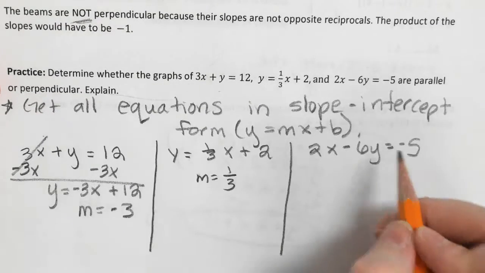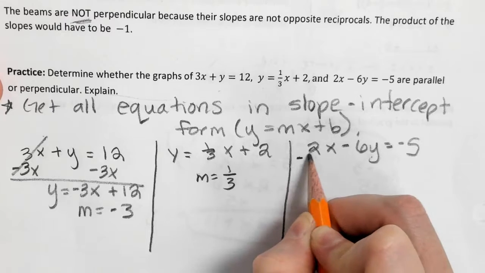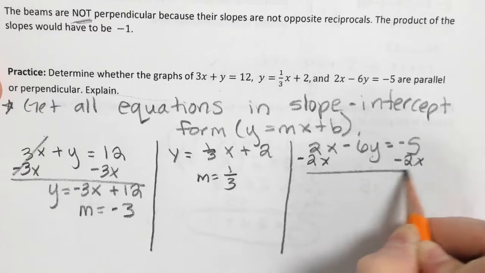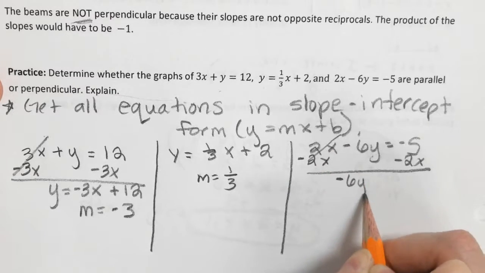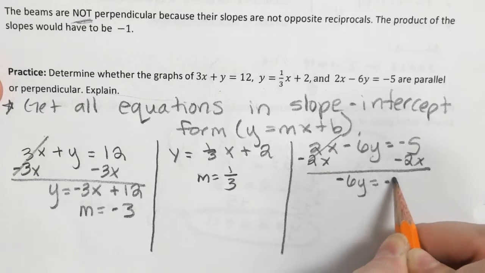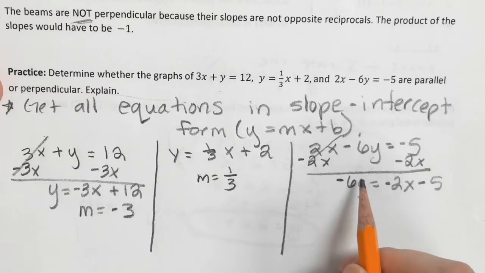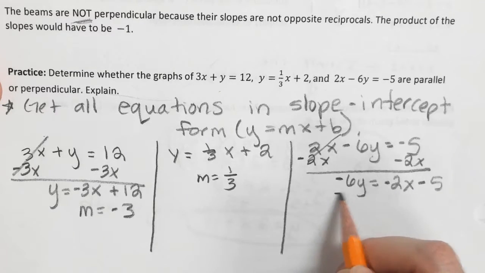Okay, the next one, I need to get the y by itself. I start by subtracting 2x. So negative 6y is equal to negative 2x minus 5. I've got to get rid of this negative 6. It's not all the way in slope-intercept form until the y is 100% by itself.